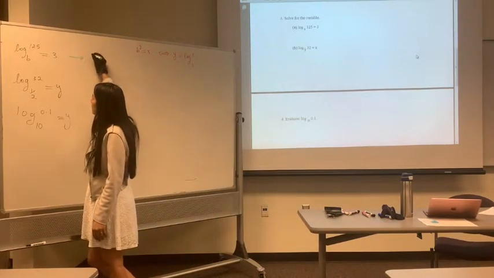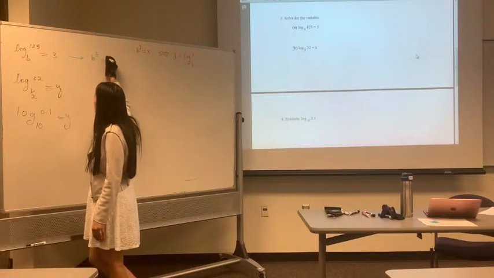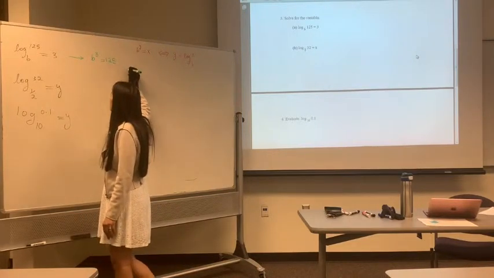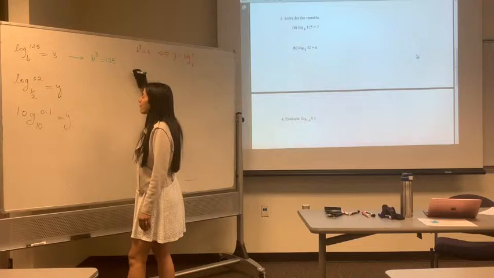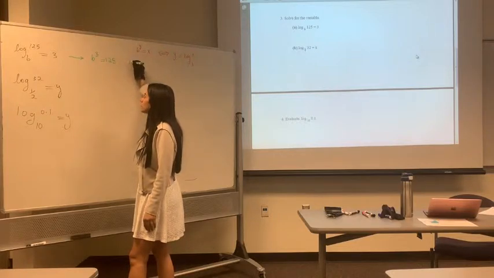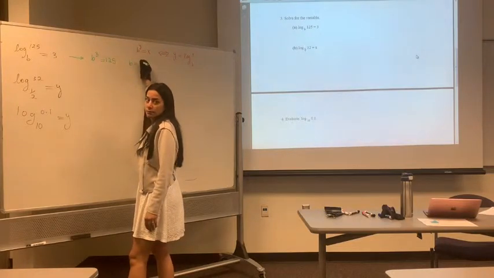So this one I will write down b power 3 is equal to 125. What is b? 5.